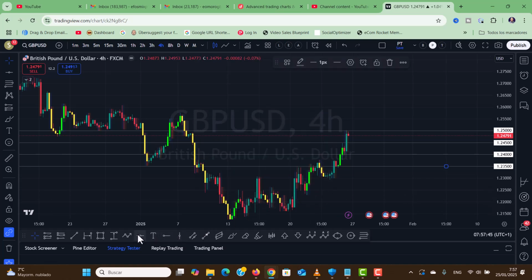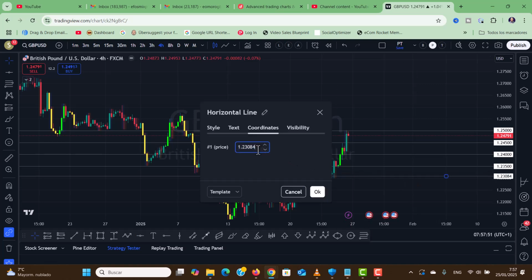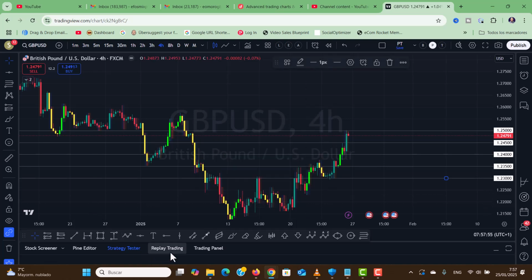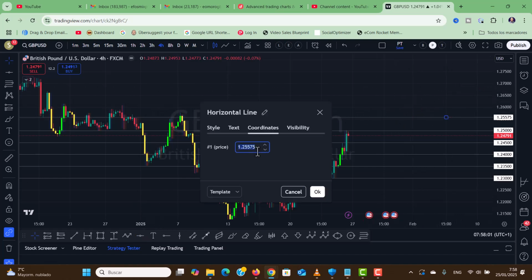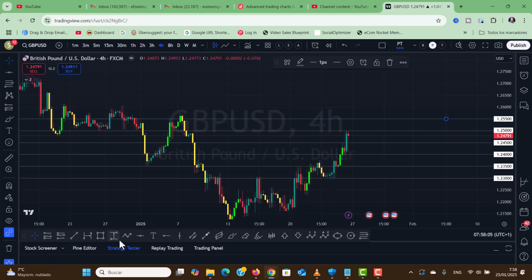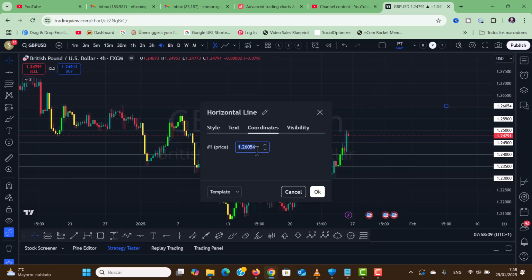Then you plot again, and the distance will only be 50 pips. So I plot more up, so that I can show you how it works and how you can use it to trade.